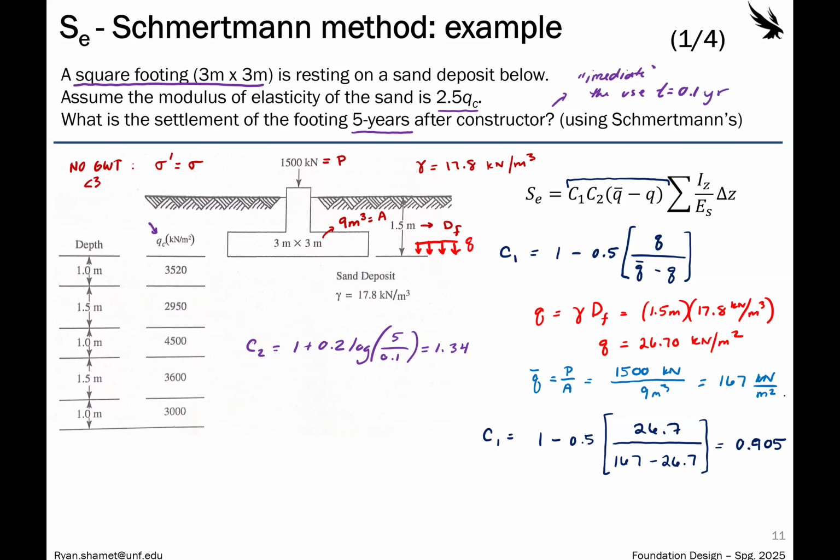And if you do that, then it's 0.1 over 0.1, which is log of 1, which is 0. So then your C2 becomes a coefficient of 1. So it's not changing the equation at all. That's where that 0.1 is coming from.